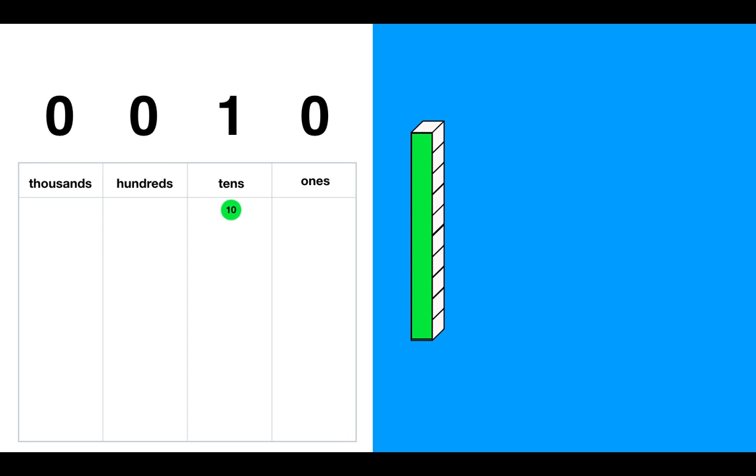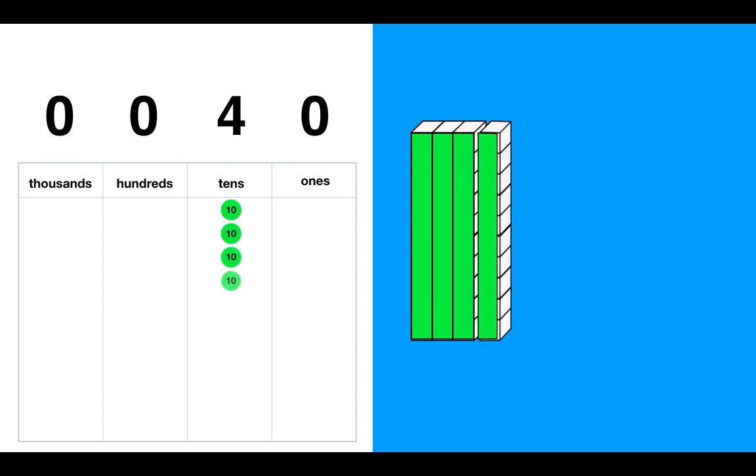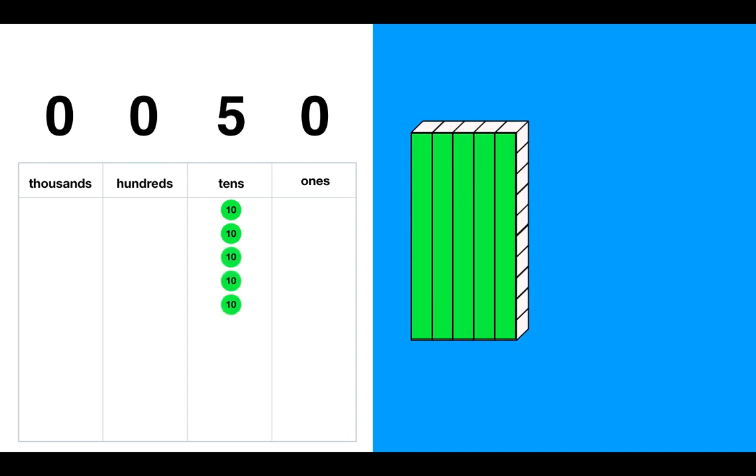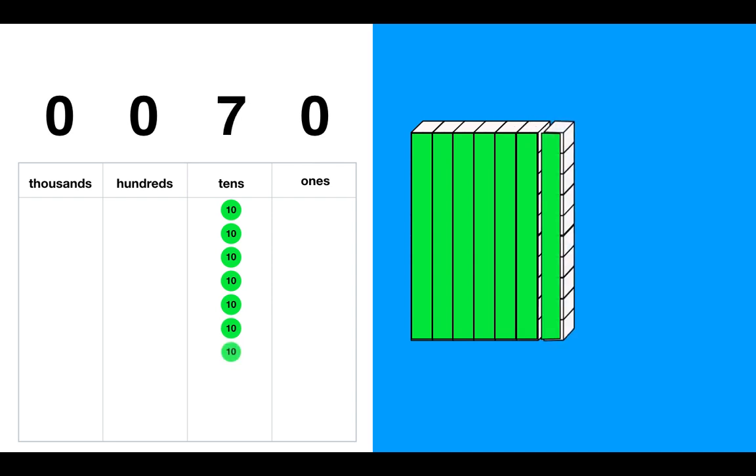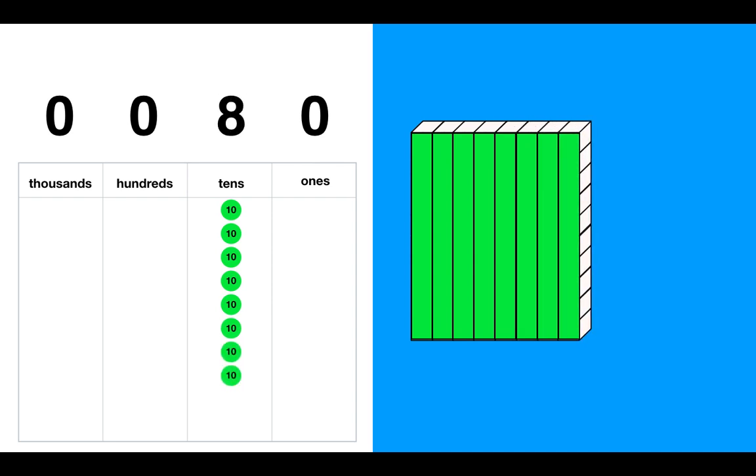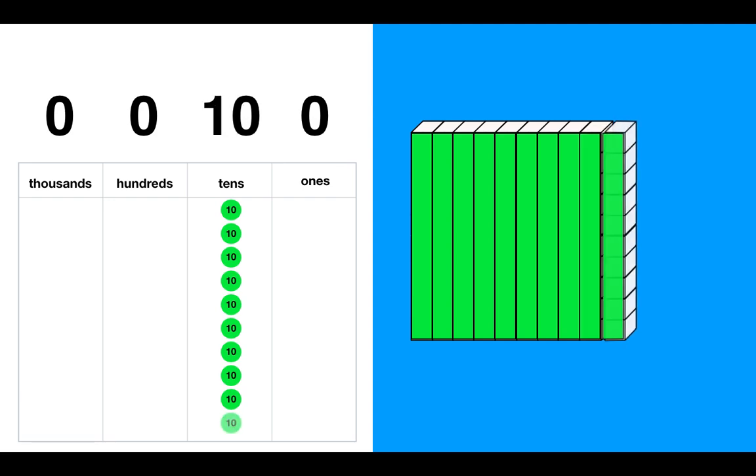We can keep building. Let's count tens. 1 10, 2 10s, 3 10s, 4 10s, 5 10s, 6 10s, 7 10s, 8 10s, 9 10s, 10 10s. What is a larger unit I can make with 10 10s?